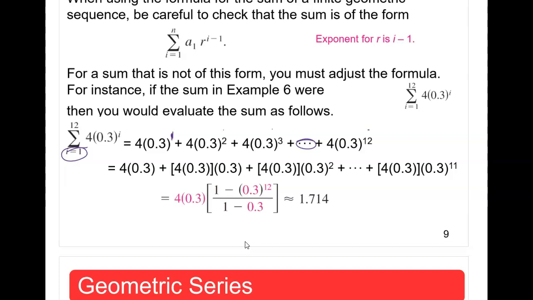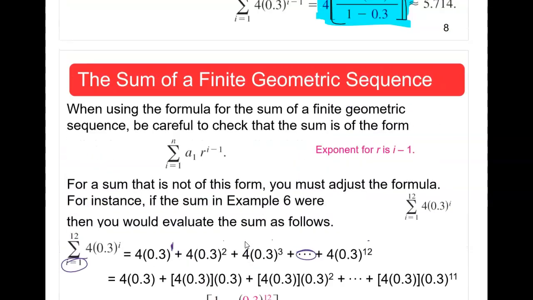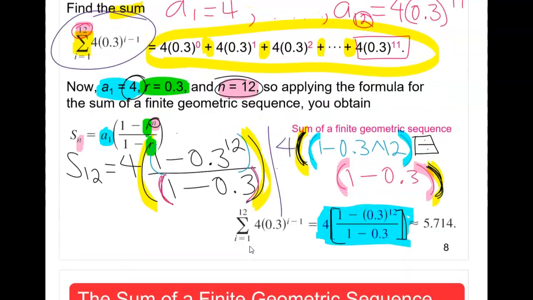And so for that particular question, we see that here we have that the first term is not just 4, as you see here.